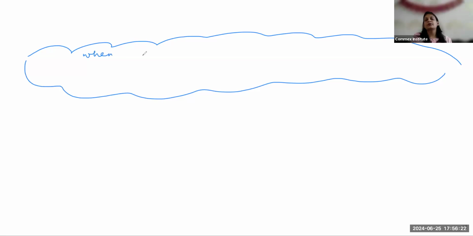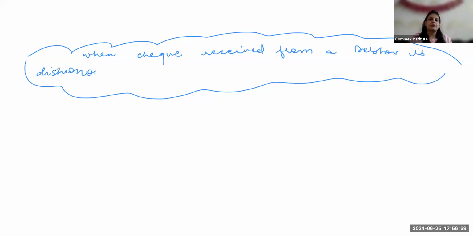When a check received from a debtor is dishonored, debit the debtor and credit bank. Okay, so we have to reduce our bank balance, and the debtor we have to again make our debtor.